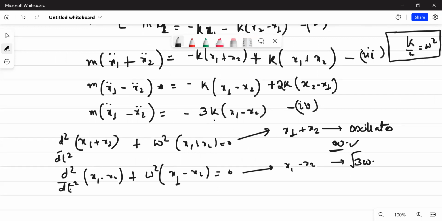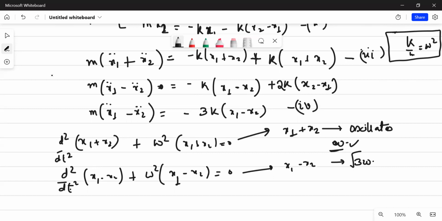So if you replace k by m as omega square, are you getting my point? Right. So the frequency of oscillation here will be root 3 omega. The frequency of oscillations here would be omega.